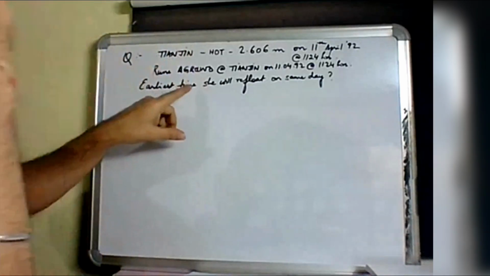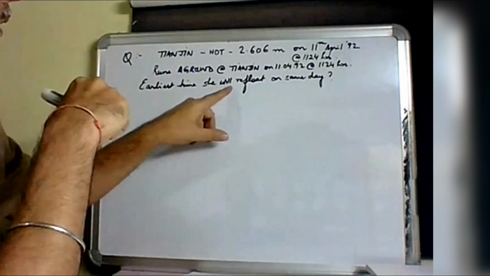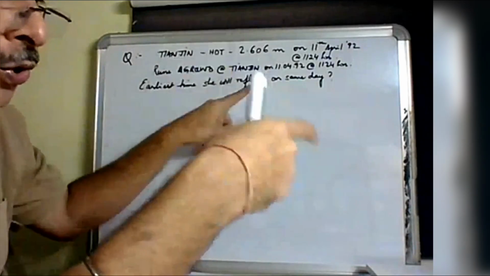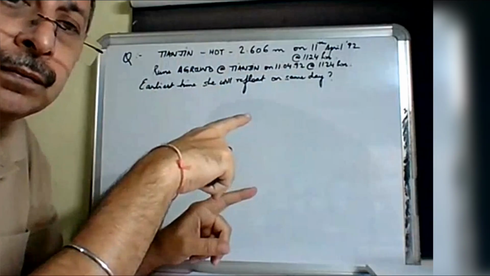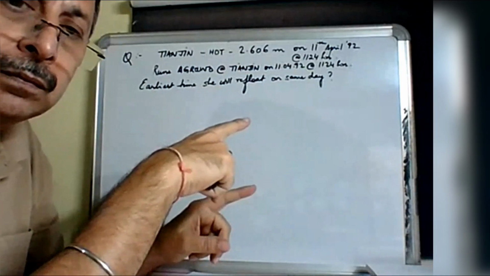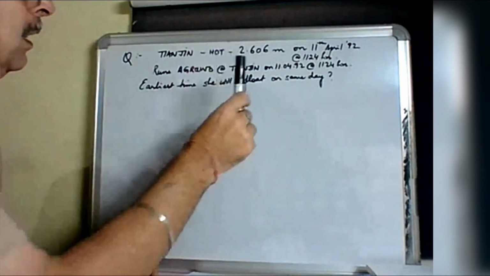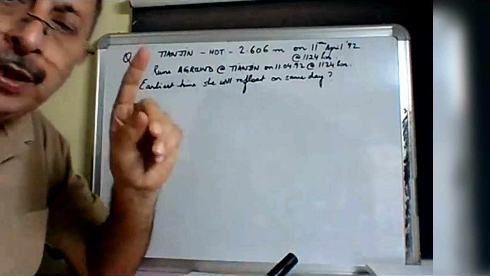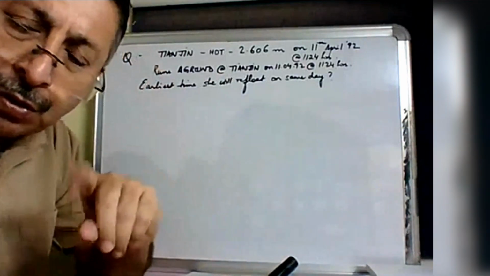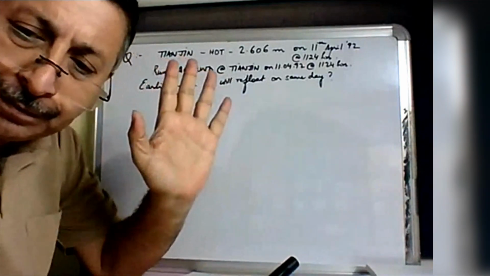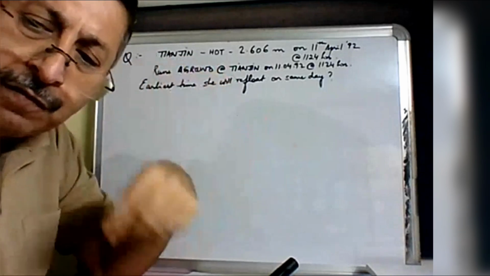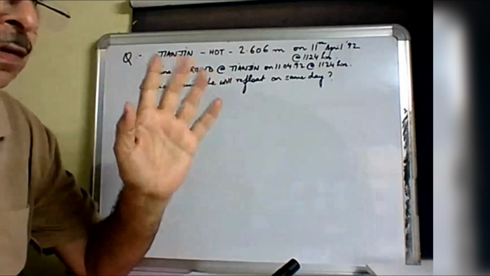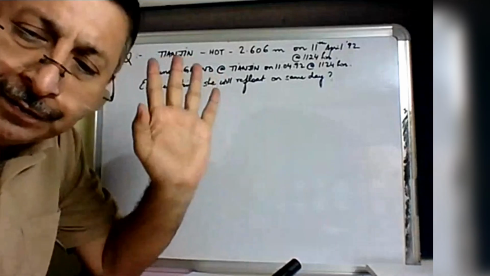Now, the question is, when she refloats, what will be her height of tide? So basically, we always run aground on a falling tide. Okay? We always run aground on a falling tide. We never run aground on a rising tide.